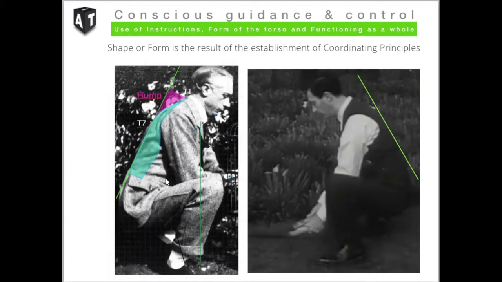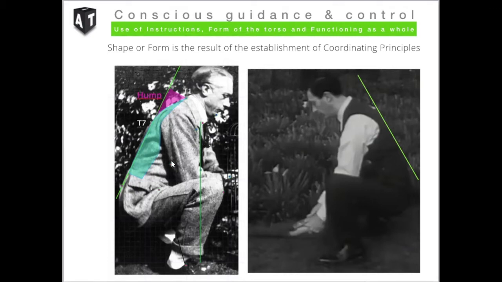So we see on the left, FM Alexander is seen squatting. It's a very famous photo. And on the right, there is one of the students at the very first training course before Pat McDonald started his. So this is Charles Neal. And they are seen doing the squat.